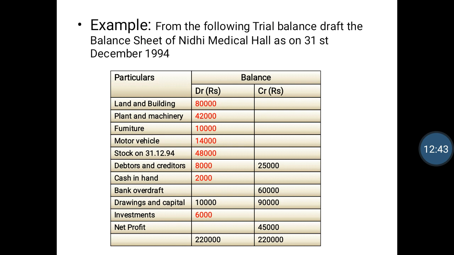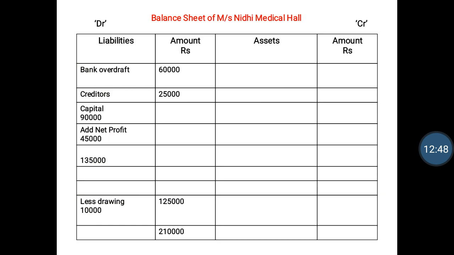But at the same time, the drawing means withdrawal of money, so that is a loss. So make the minus of this drawing from this total amount. So when we add this 45,000 in the capital account, it becomes 1,35,000, but at the same time 10,000 is withdrawn, that is a loss. So deduct that loss from this total, and it becomes 1,25,000. So in this way, make the total of all liabilities, it becomes 2,10,000.